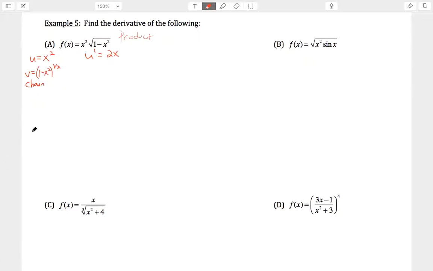This is why I'm saying sometimes you need to get to where you can do some of them without being super organized about writing it out, just using whatever letters you want. This is going to be the derivative of the outside with the inside still in it, times the derivative of the inside. And then you will want to simplify this.